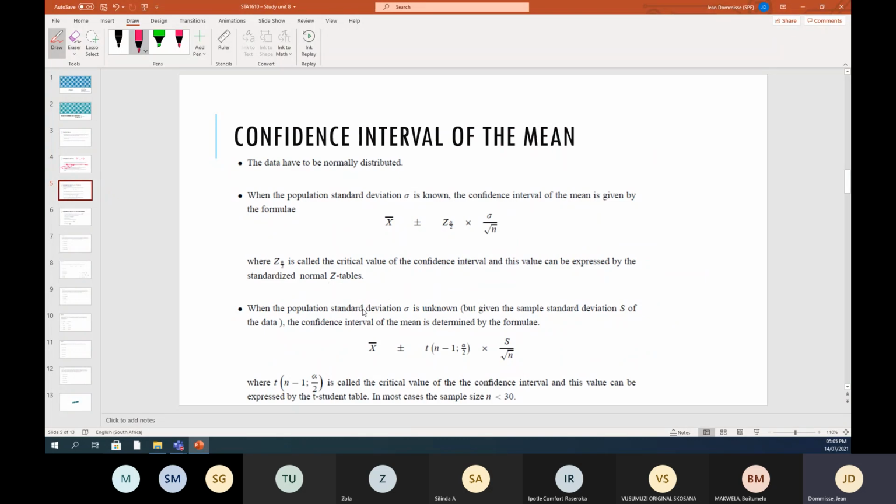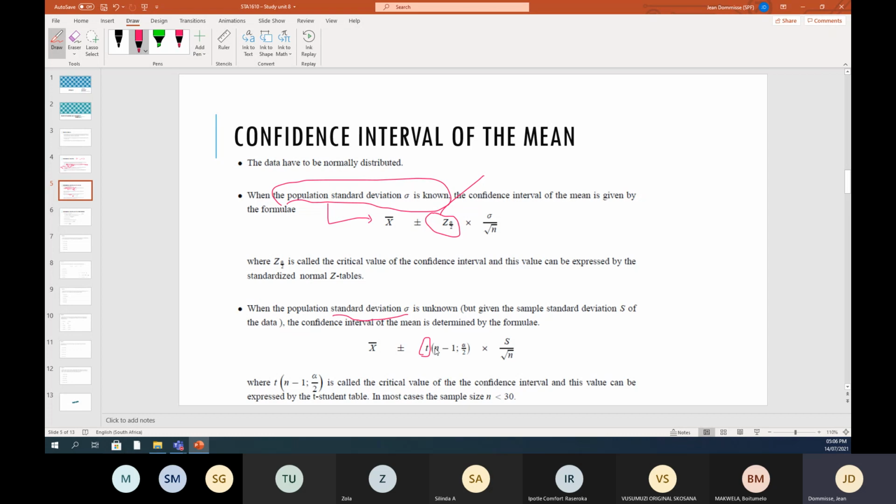So when we look at the confidence interval of a mean, when the population standard deviation is known, this is the formula that we work with, and that Z will be 1.645, 1.96, or 2.58. When standard deviation is unknown, we work with the t, and that t you need to get from a table.